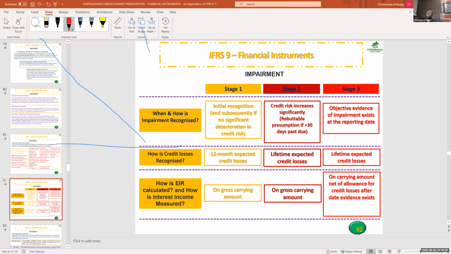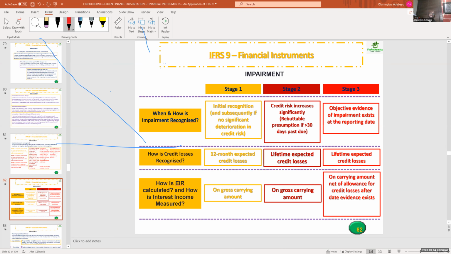But remember, we also said impairment can reverse itself, which means there can be a reversal of impairment if there is a subsequent improvement in the condition. A situation where the dry bone could rise again. And in that situation, what happens? It then means that a financial asset that was in stage 2 can be moved back to stage 1. The one in stage 3 can be moved back to stage 2. Or in stage 3, it can be moved directly to stage 1.